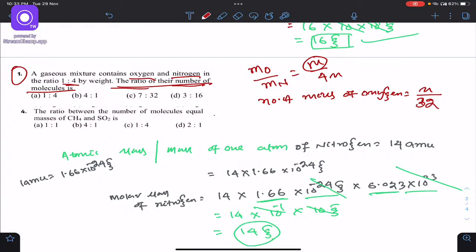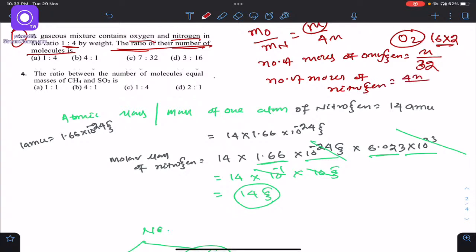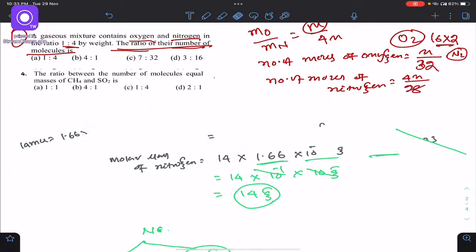Oxygen is a molecule, O2, oxygen atom 16 into 2, which is equal to 32. But number of moles of nitrogen is equal to 4x upon N2, 14 into 2, 28.